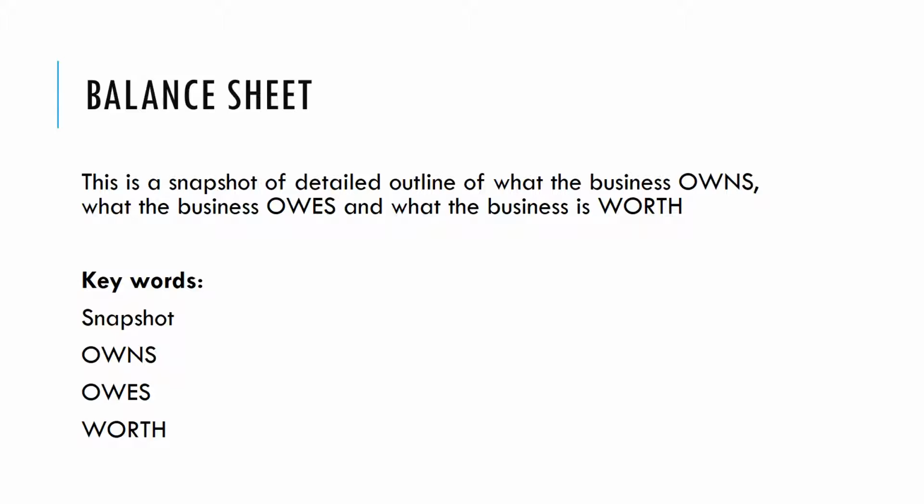It is just a moment in time. It explains what the business owns. It explains what they owe, so who they owe money to or how they are financing what they own, and then it explains what they are worth. So if it's an investor-owned organization, it explains the value of the company.